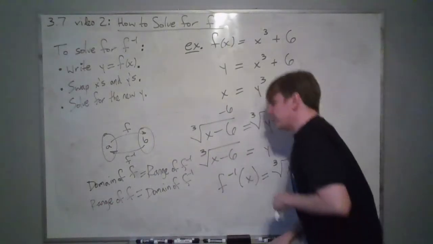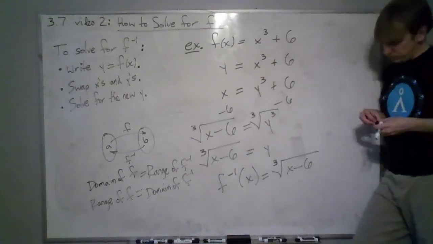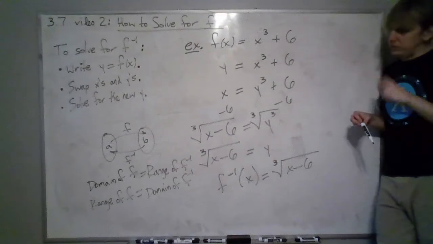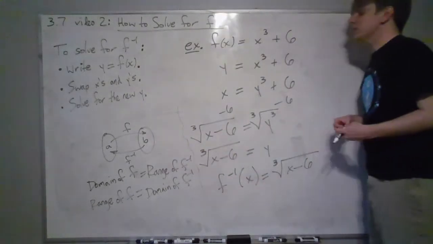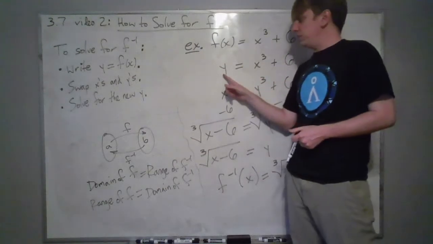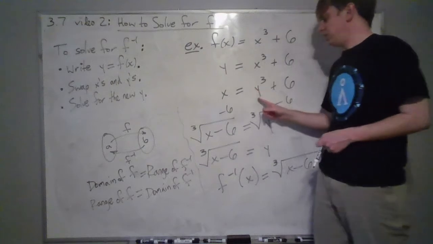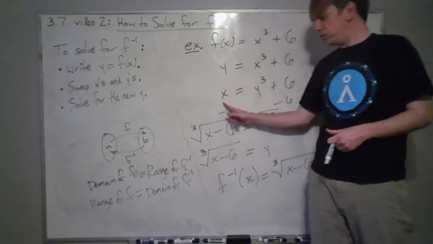Later on it will be relevant to us that the domain of one function is the range of its inverse. And again, I'm not really being super detailed about why this is true. I'm just saying the gist is that if this is the output of f, this should also be the input of f inverse. If this is the input of f, this should be the output of f inverse.